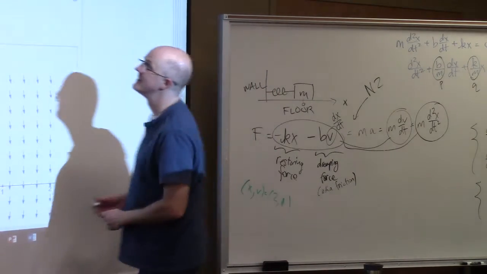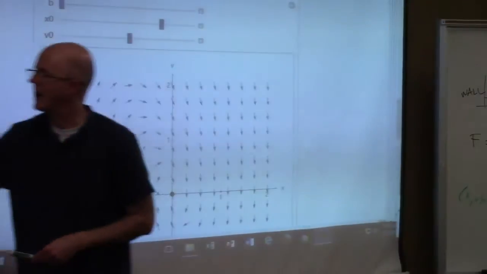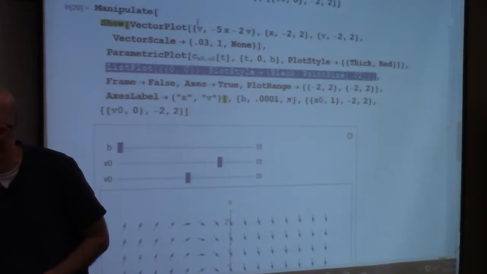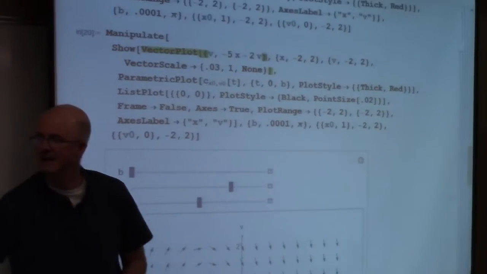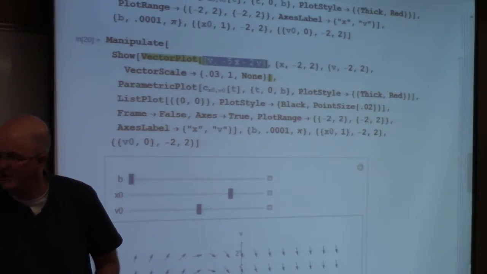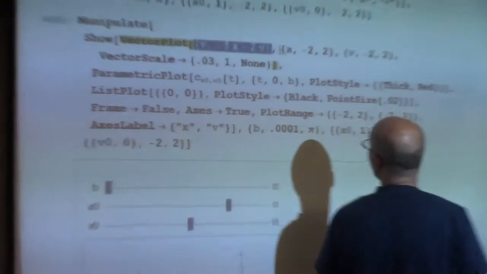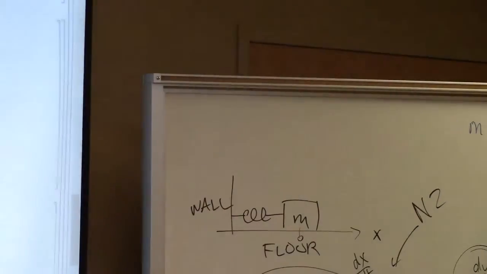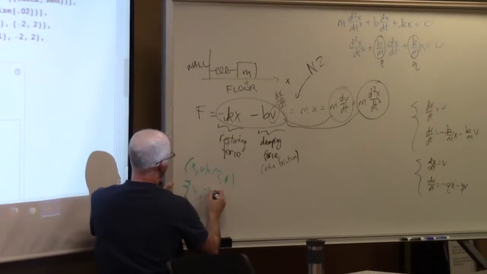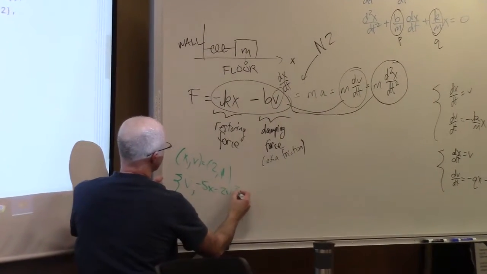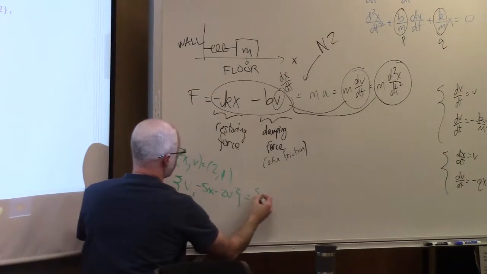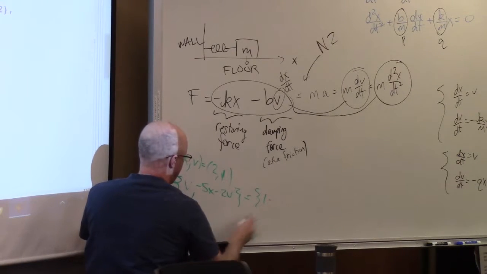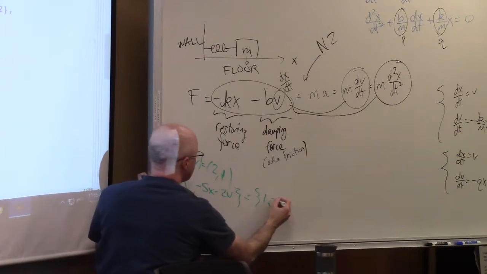what do we get? Again, go back up to what the vector field was. It's this. The first component of the vector field, I'll go ahead and write it as a list, as it is in Mathematica, is v. The second component is 5x minus 2v. Plug in v equals 1 and x equals 2.